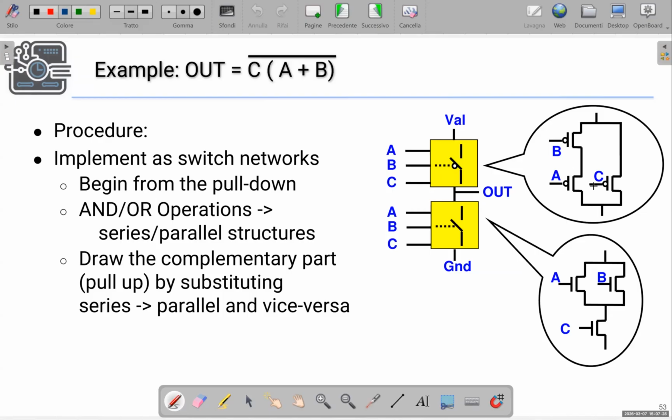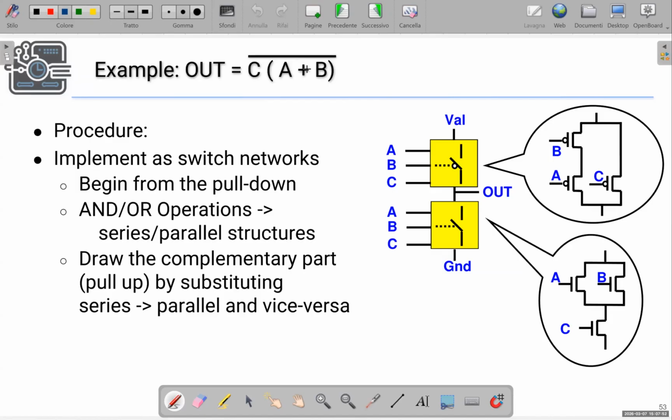By the way, we can also implement operations that are more complex than a single NAND or NOR operation, and we can also try to devise a general procedure to implement logical functions in CMOS.